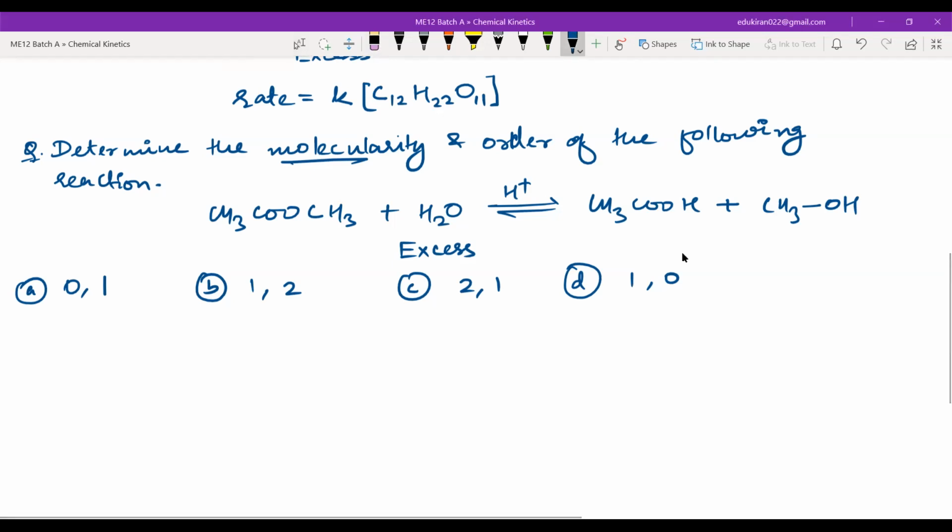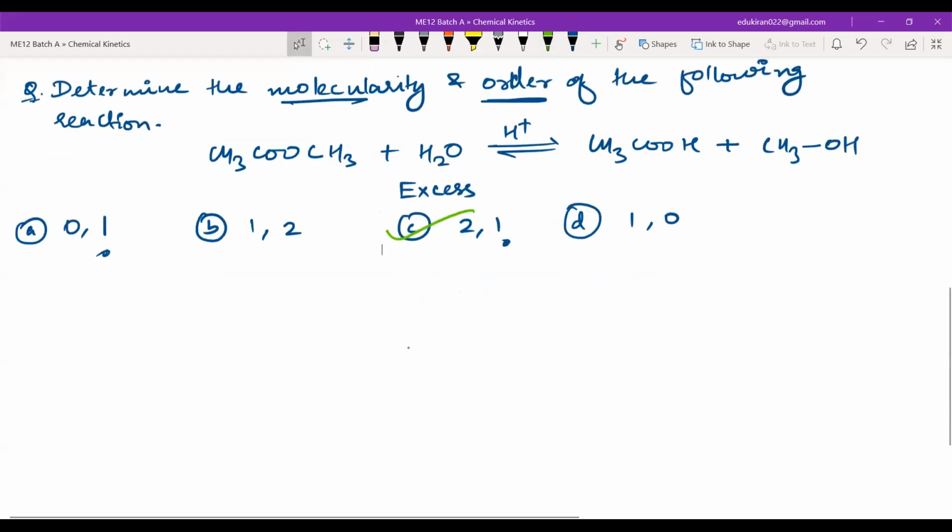So the order will be 1. That means the rate will only depend on the concentration of ester. This option has 1 here and this option has 1 here. Now we have to look at the molecularity. There are two molecules which are reacting. So this option will be correct.